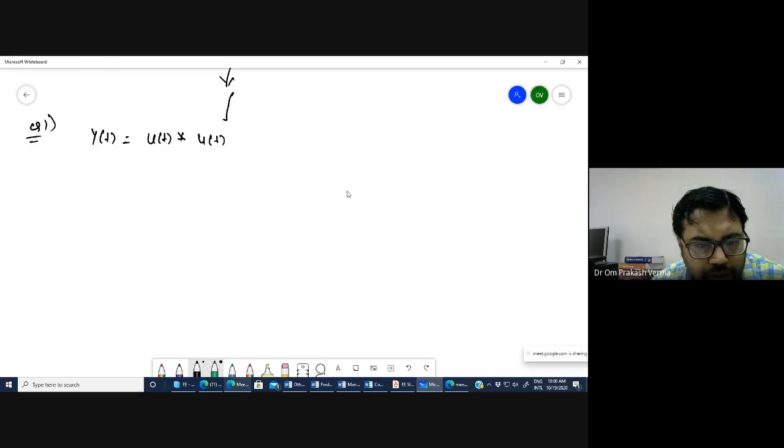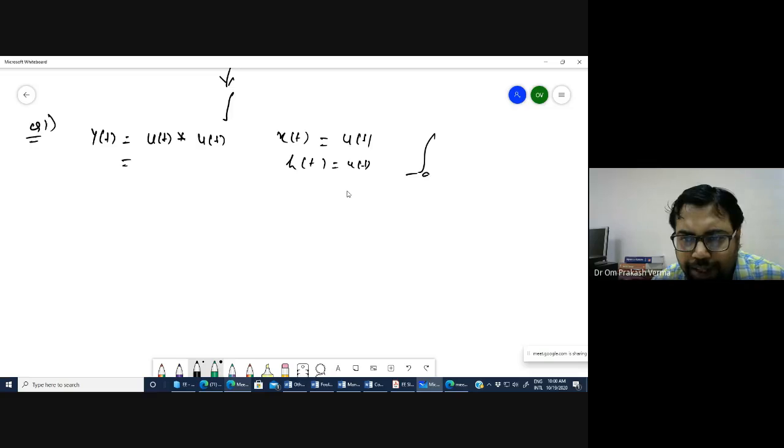So what you have to do: this is the x1(t), this is the x2(t), right? So x(tau) minus h(t minus tau), okay? Where x(t) is equal to u(t), and h(t) is again u(t). So when you calculate the integral from minus infinity to infinity of x(tau) h(t minus tau) d tau, you have to do like this, right?